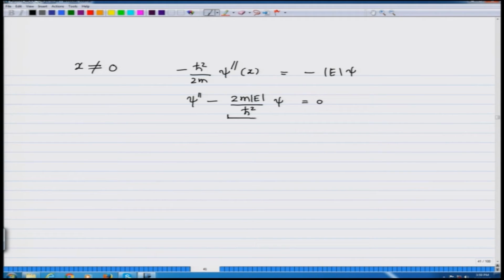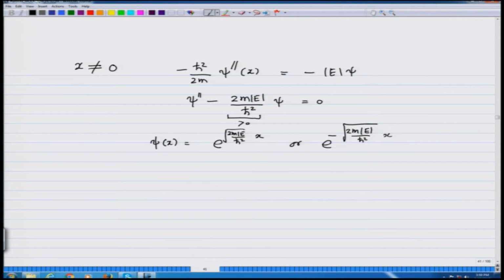This is a positive quantity, and therefore, you can immediately write the solutions. Psi x is going to be e raised to square root of 2m mod E over h cross square x, or e raised to minus square root of 2m mod E over h cross square x.